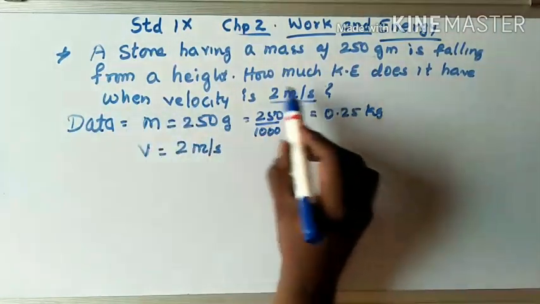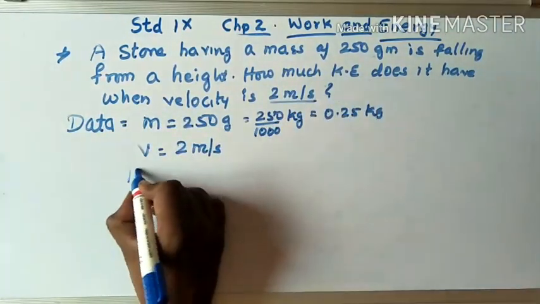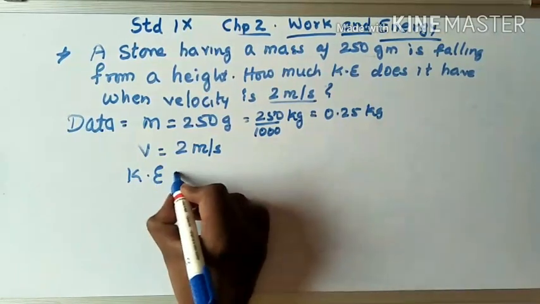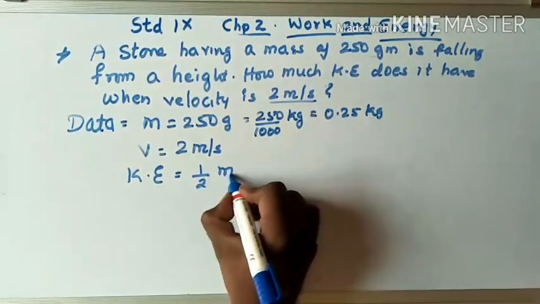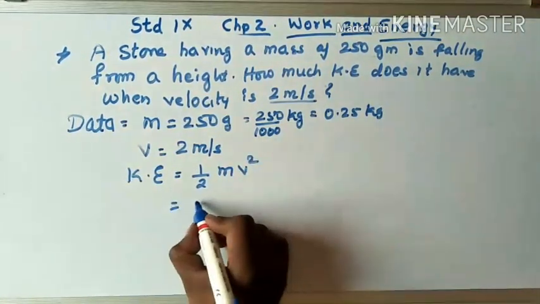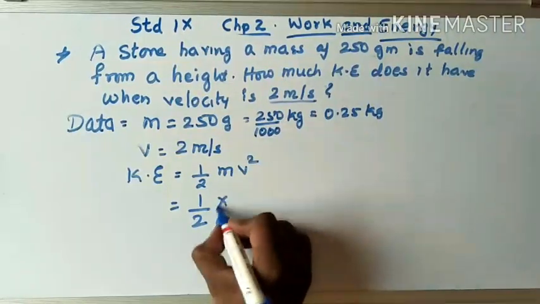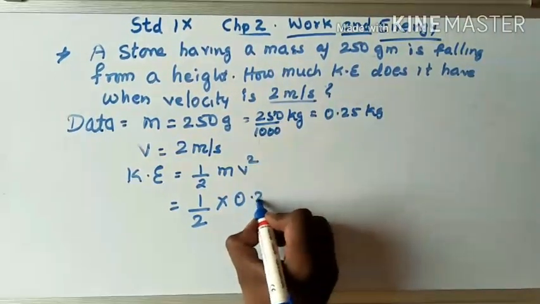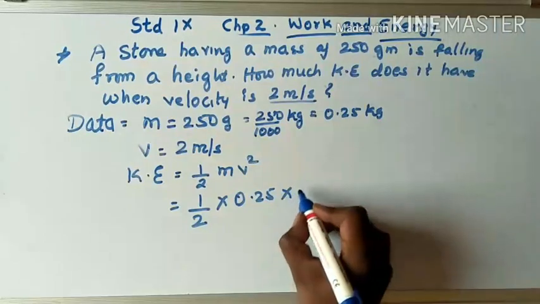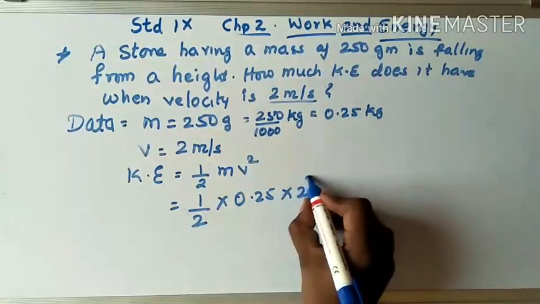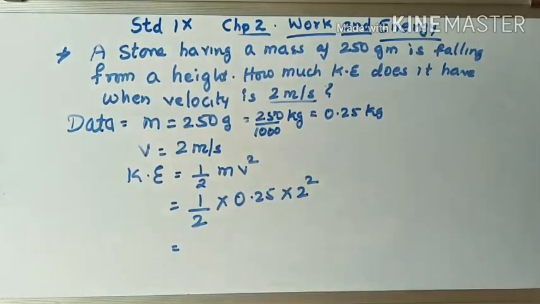Now we want to find what? How much kinetic energy? So kinetic energy is equal to half mv square. That is equal to half into m is 0.25 into v is 2 square. So let us calculate.